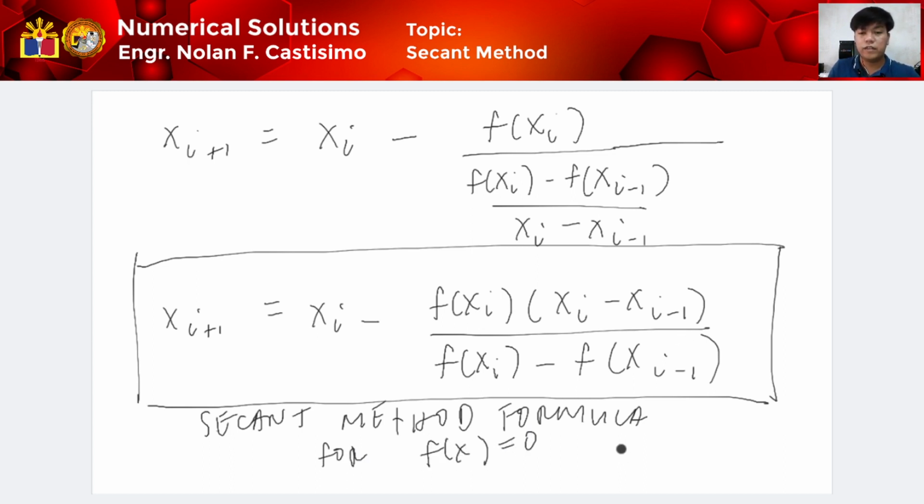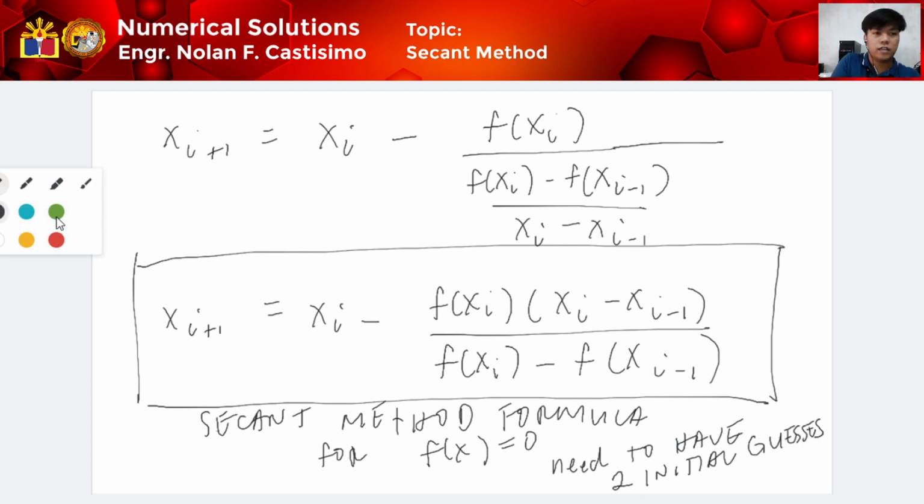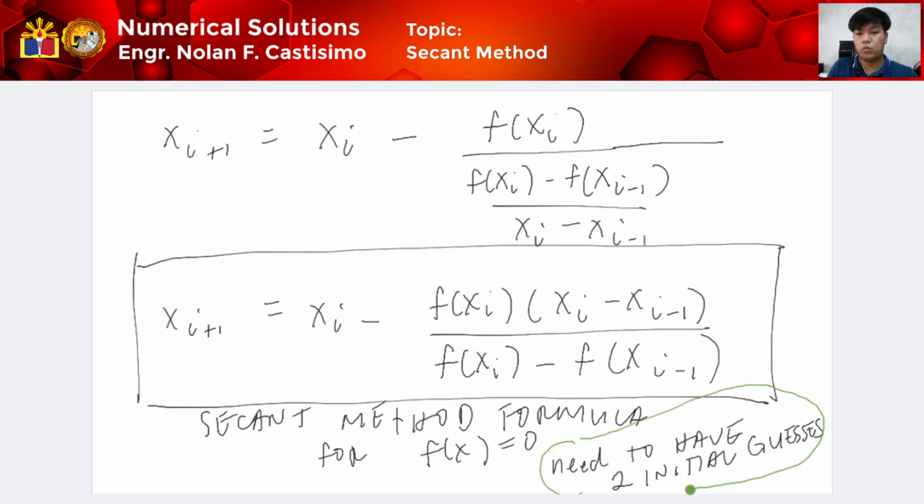And remember that in the secant method, we always need to have two initial guesses, which we have from the start of the problem. It is still considered an open method. So that is the secant method.